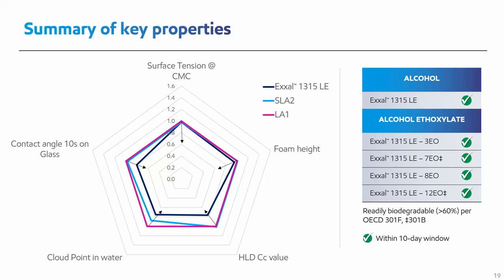Overall, we can conclude that those three surfactants remain fairly comparable. Finally, it is also worth mentioning that hexal 1315 Le alcohol as well as its ethoxylate derivatives are readily biodegradable according to OECD 301F and B, meeting the 10 days window.